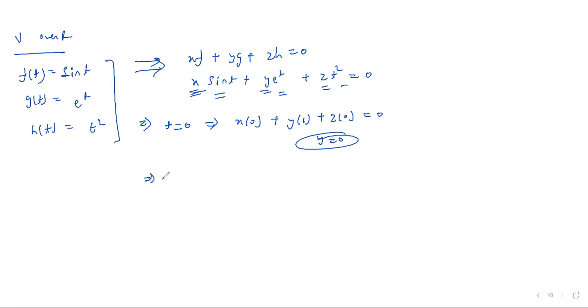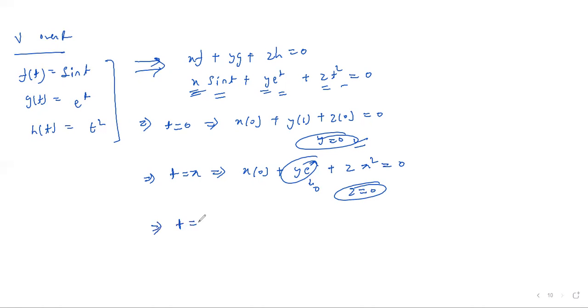And if I put t equals pi, what do I get? x sin pi is 0, plus y e^pi plus z pi squared equals 0, and we have got y as 0, so that term becomes 0. So I got z equals 0.